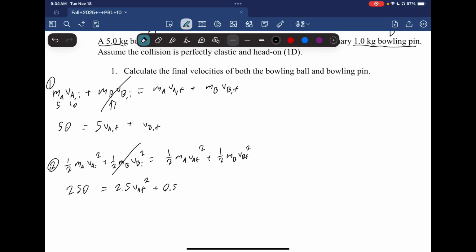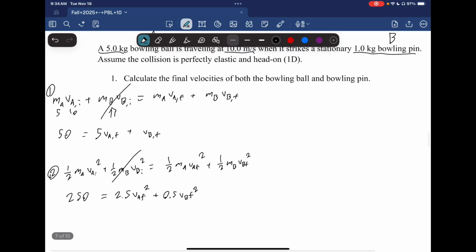So 1/2 of 1 is 0.5 VB final squared. Okay, this doesn't look near as scary now. We have two equations and two unknowns. So now we can just do simple algebra to solve.